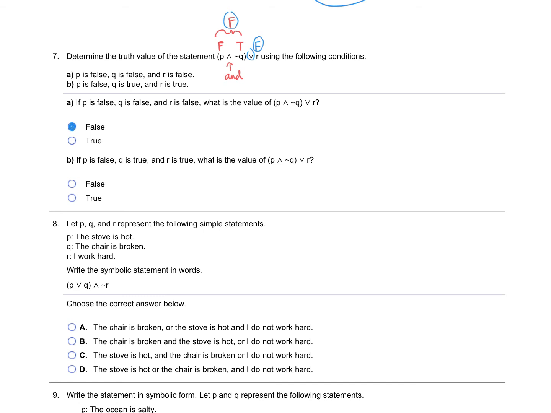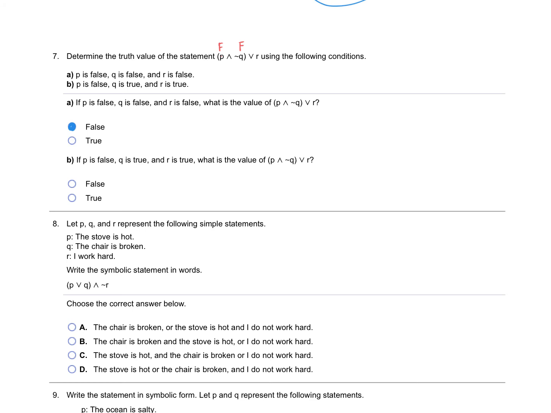Okay, let's do the next one, part B. So if P is false, Q is true. If Q is true, then not Q, the negation of Q, is going to be false. Since this is an and, they both have to be true to be true.